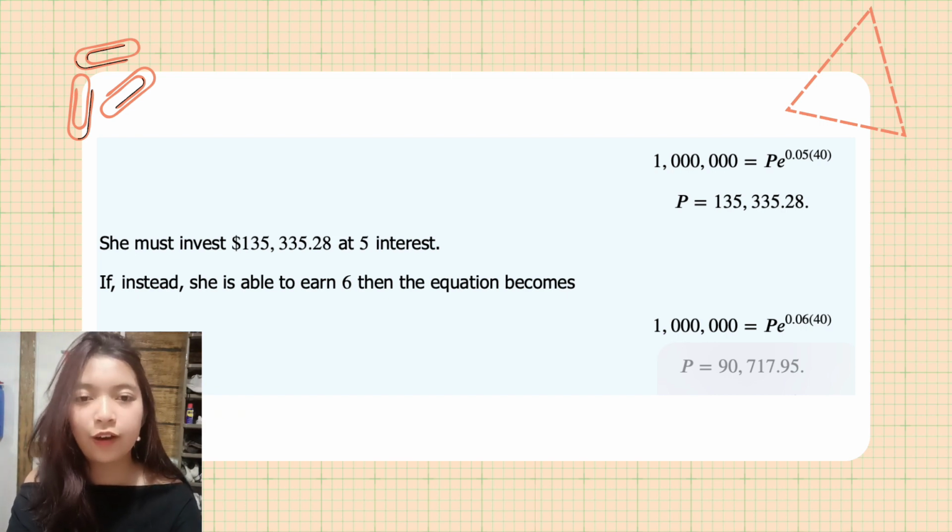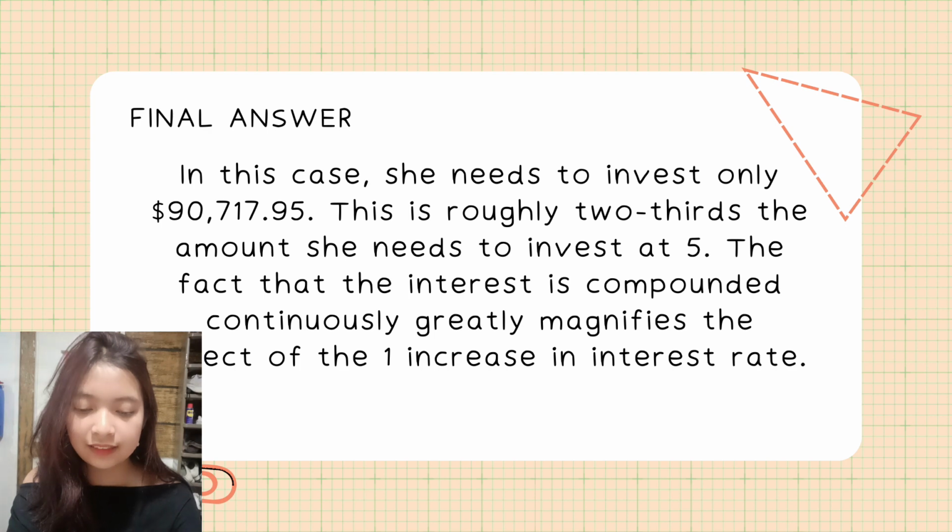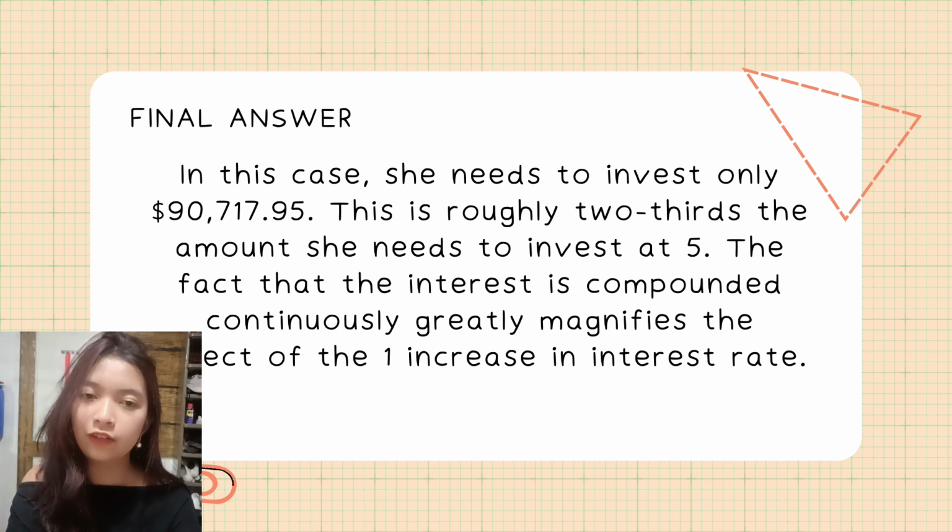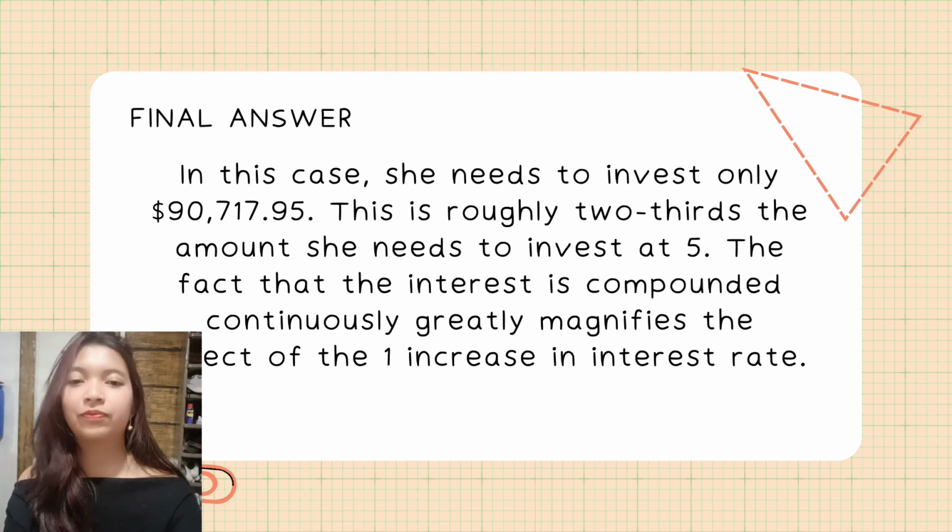Therefore, the value of P is equivalent to 90,717.95. In this case, she needs to invest only 90,717.95 pesos. This is roughly 2/3 the amount she needs to invest at 5%. The fact that the interest is compounded continuously greatly magnifies the effect of an increase in interest rate.